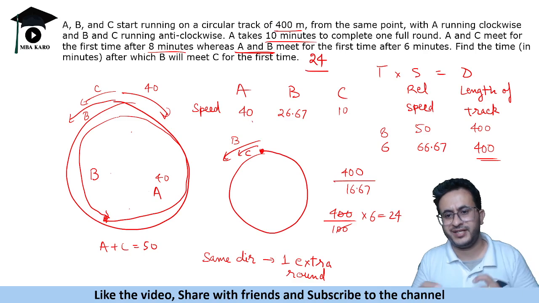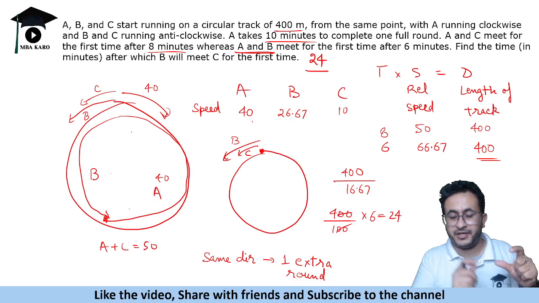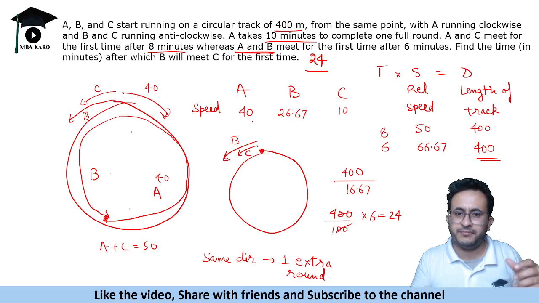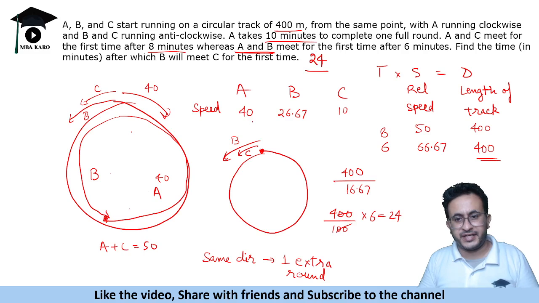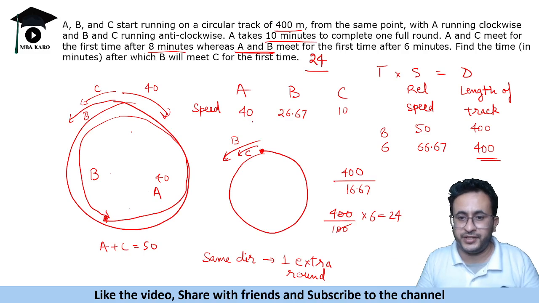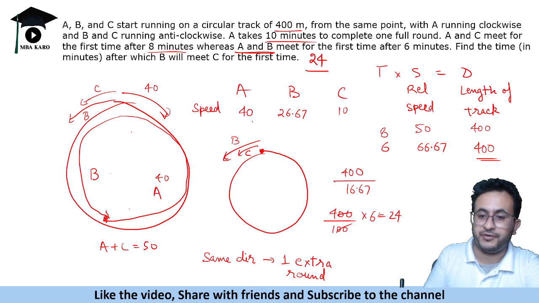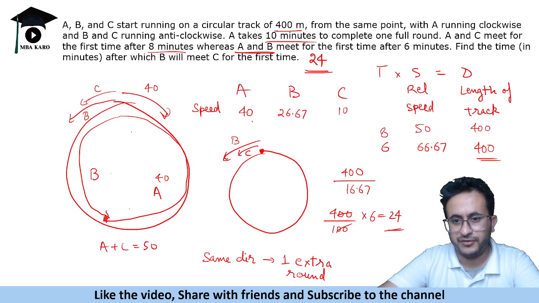In 24 seconds B will cover that extra 400 meters, because per minute it is covering 16.67 meters extra. C is covering at a rate of 10, B is covering 26.67, so it is gaining a lead of 16.67 meters per minute. It has to cover an extra 400 meters. So that 400 meters will be covered in 24 seconds. So the answer to this question is 24.